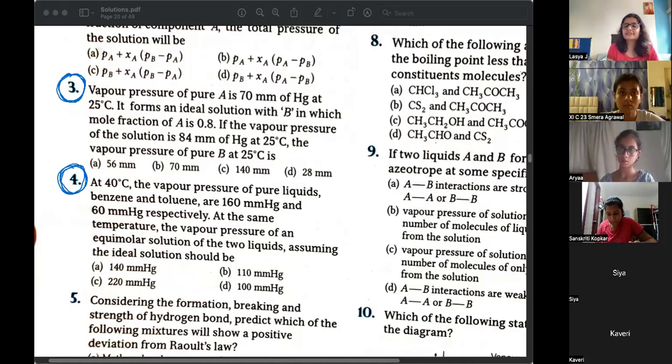Sia, that is correct. Is the P total formula, P naught 2 plus the bracket one, something we can use for solution also, not only the gaseous phase? That one is for solution, Raoult's law. The other one is for gas.